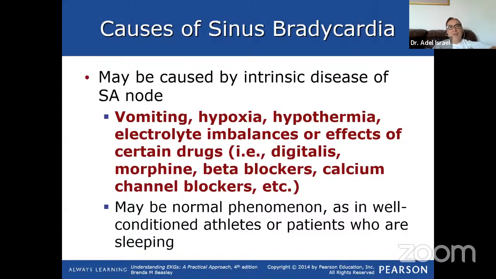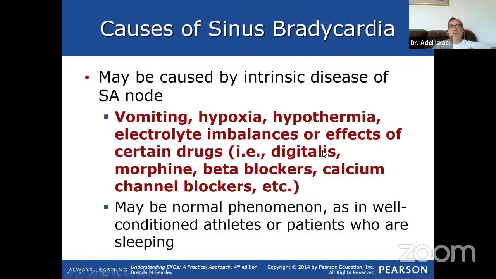What is the sinus bradycardia? Sometimes the patient, not all patients, starts to vomit and suffer from hypoxia, meaning decreased oxygen, because the heart is slower than normal. And we have cases like we mentioned before, beta blocker. I need you to remember this medication. Beta blocker slows down the heart.